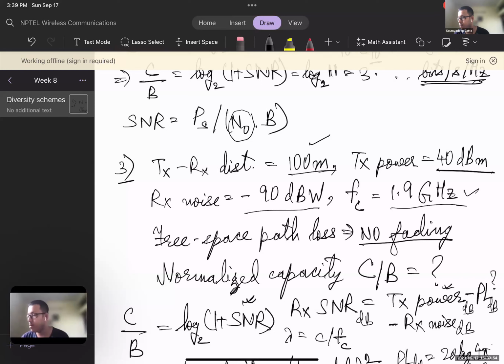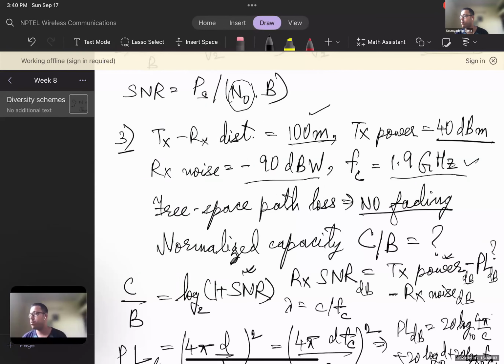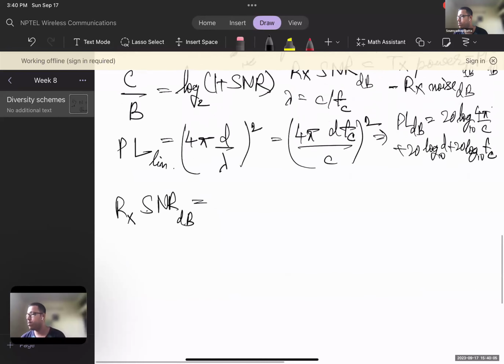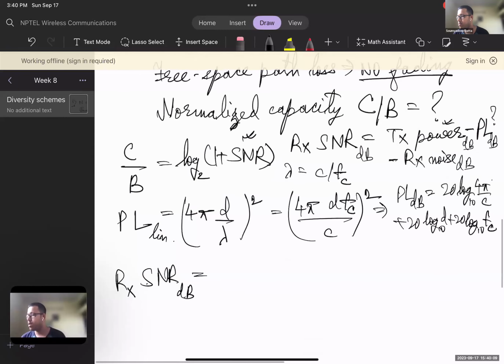So we have transmit power in dBm. Let us convert it into dB watt because noise is in dB watt. So 40 dBm is 10 dB watt, right? We had discussed this. There is a difference of 30.